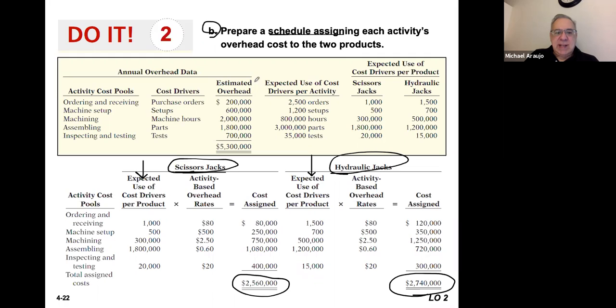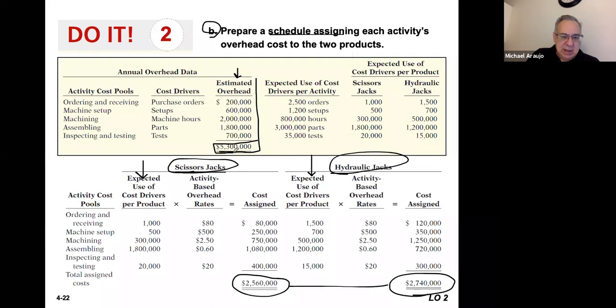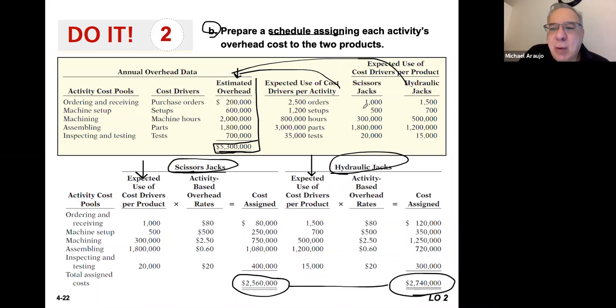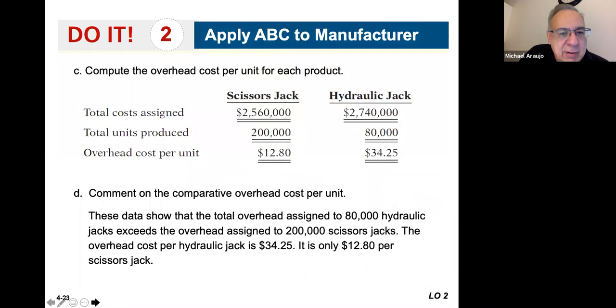Now you've seen up here, just so you can put two and two together here, the total amount of overhead is 5.3 million. When you add these two numbers together, you'll get the 5.3 million, just so you know that it's just breaking up this by, in this case, each of the products, by scissor jack and by hydraulic jack. What I don't see here is cracker jack. I'm getting a little hungry for a snack.